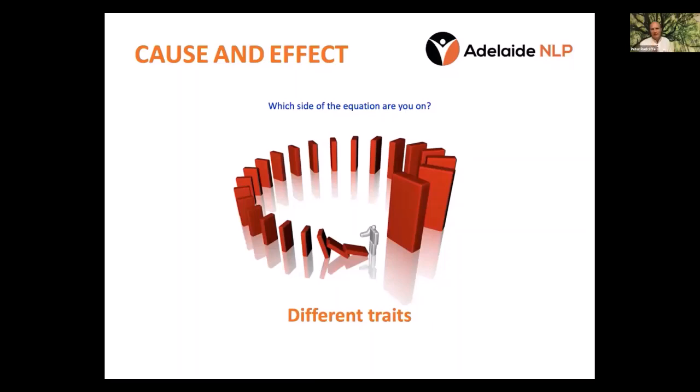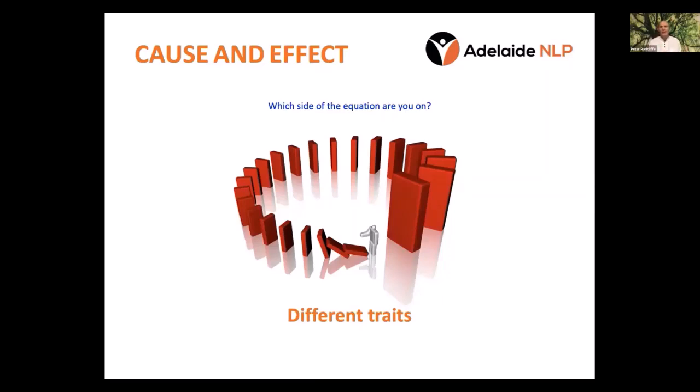I usually like to have a vote. Are we the cause of everything that happens to us, or are we at the effect of whatever happens to us? And then there are always those people who think, well, in some areas I'm the cause and in some areas I'm the effect.